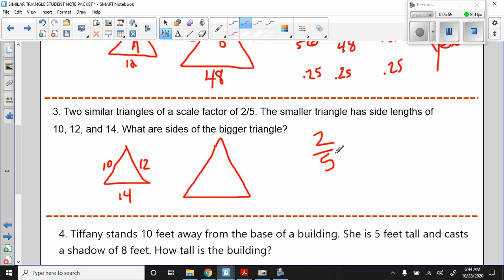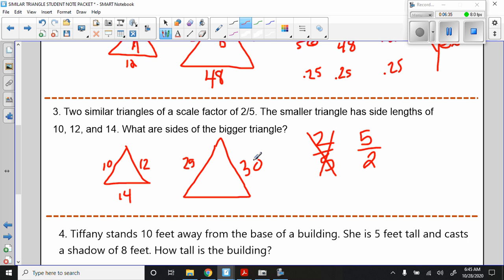Since 2 divided by 5 is 0.4, which is under 1, it will shrink if we multiply by it. So I'm not using the scale factor 2/5. I have to flip it. Now 5 divided by 2 is greater than 1, so now it will grow. So it would take 10 times 5 over 2, which is 25. 12 times 5 over 2 is 30.